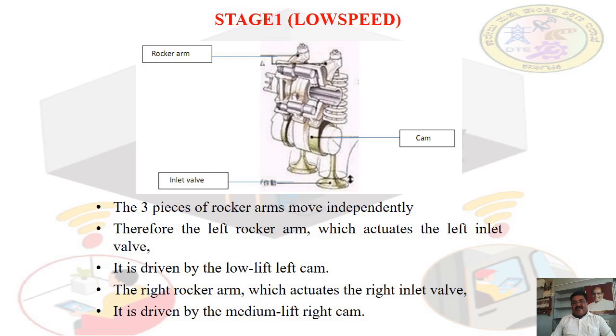The right rocker arm, which actuates the right inlet valve, is driven by the medium lift right cam. In stage 1, the cam operates at the low speed.